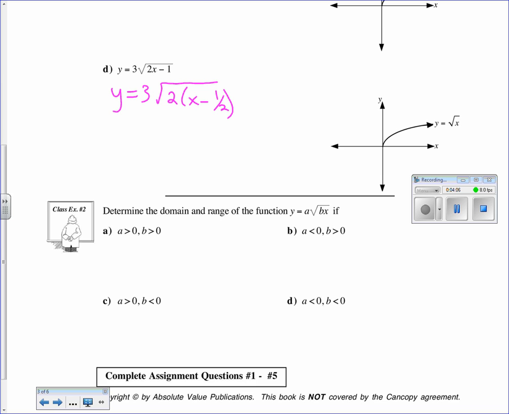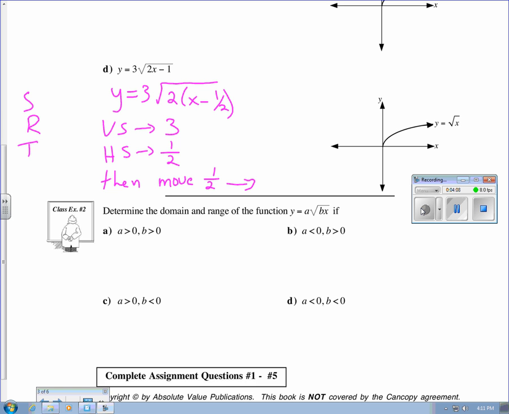Now let's study what this changes. So I have a vertical stretch of 3 and a horizontal stretch of a half. And then I have to move a half in the direction of right. So remember how those vertical stretches work. I'm going to get longer on the y-axis.